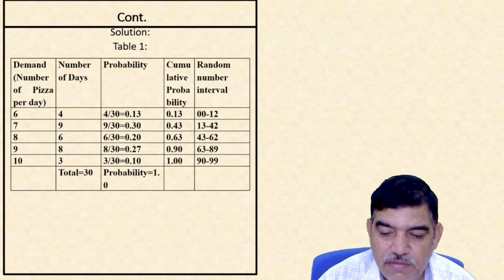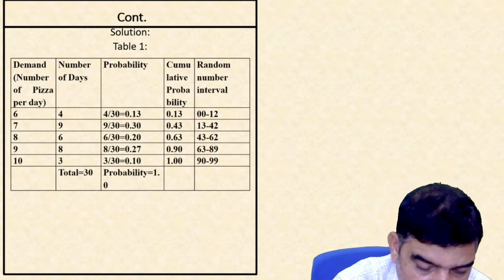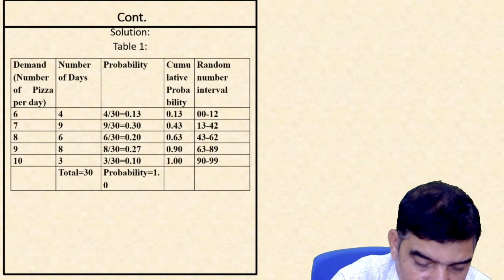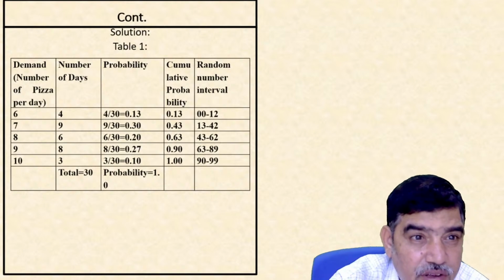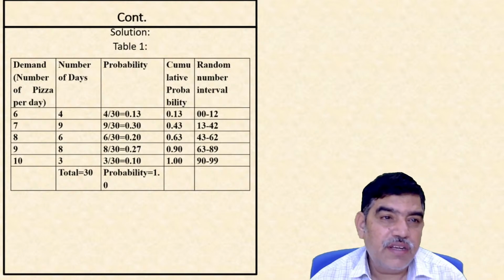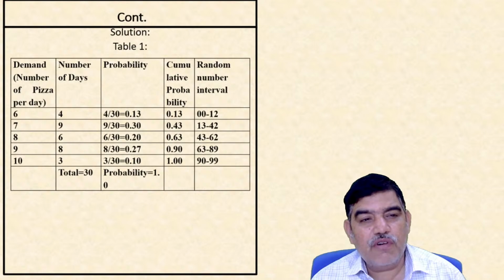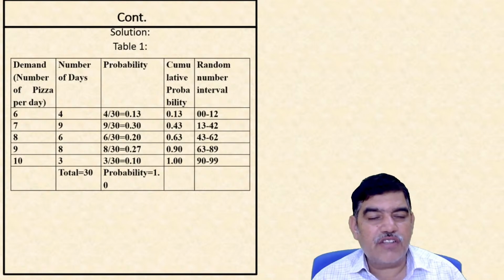What is the first step? The first step is to identify the variable with a significant influence on the measures. That's why you have to find the probability. Number of days equals 4 plus 9 plus 6 plus 8 plus 3, that is 30 days.